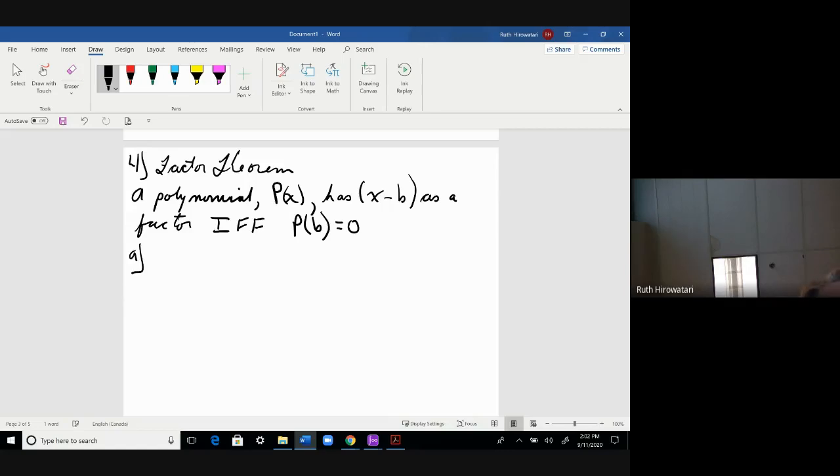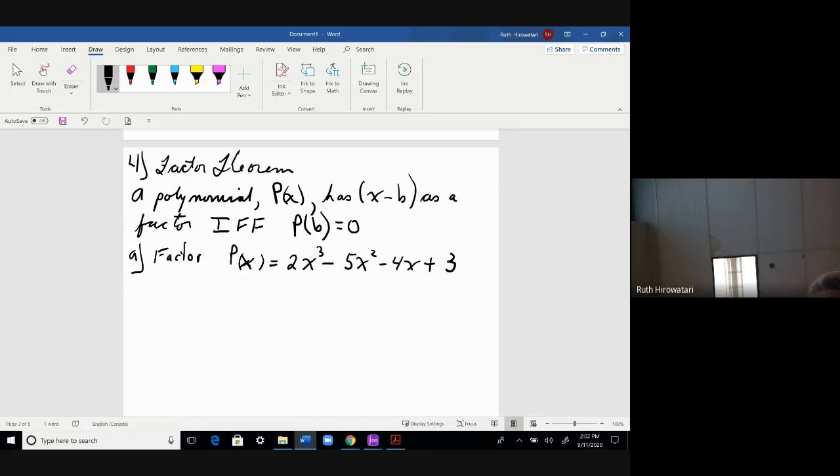So if we know the factor theorem and we have to factor this polynomial, 2x cubed minus 5x squared minus 4x plus 3, then in order to factor that, we want to find a value of x that would make this 0.